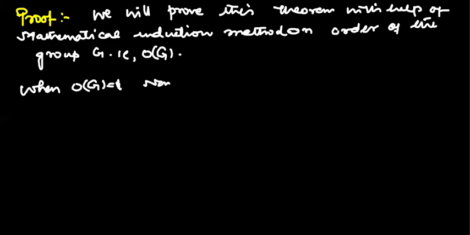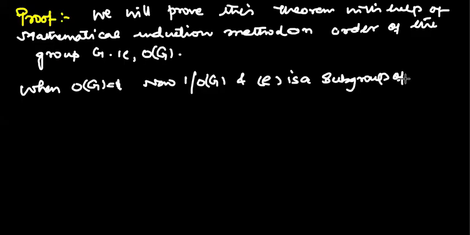Now 1 divides the order of G, and E is a subgroup of order 1. So nothing to prove.